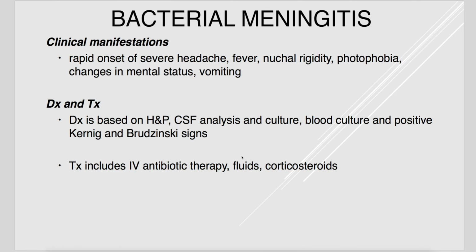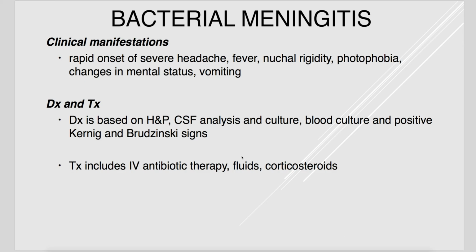Clinical manifestations, there are a couple of good indicators of meningitis: rapid onset of fever, severe headache, photophobia, nuchal rigidity, which is the stiff neck, also nausea, vomiting, changes in mental status, all of those.